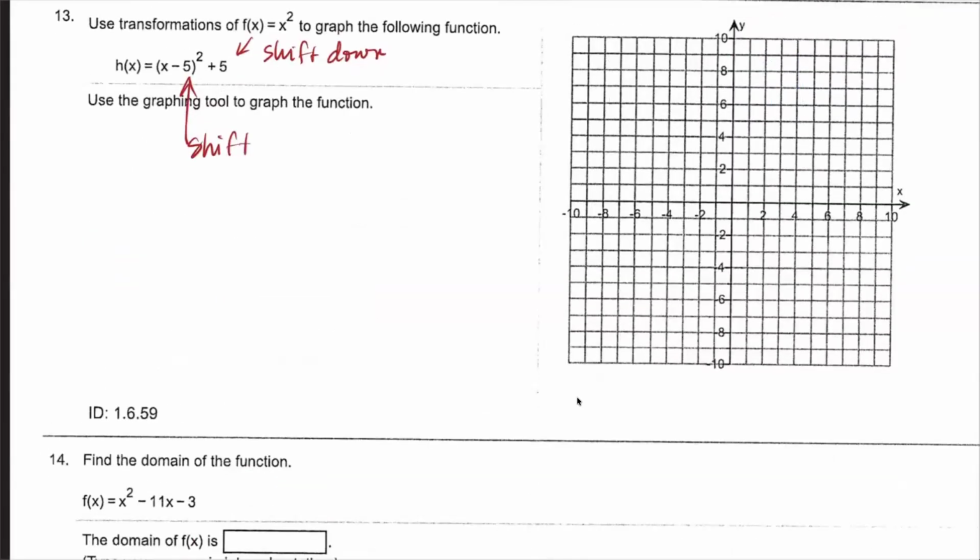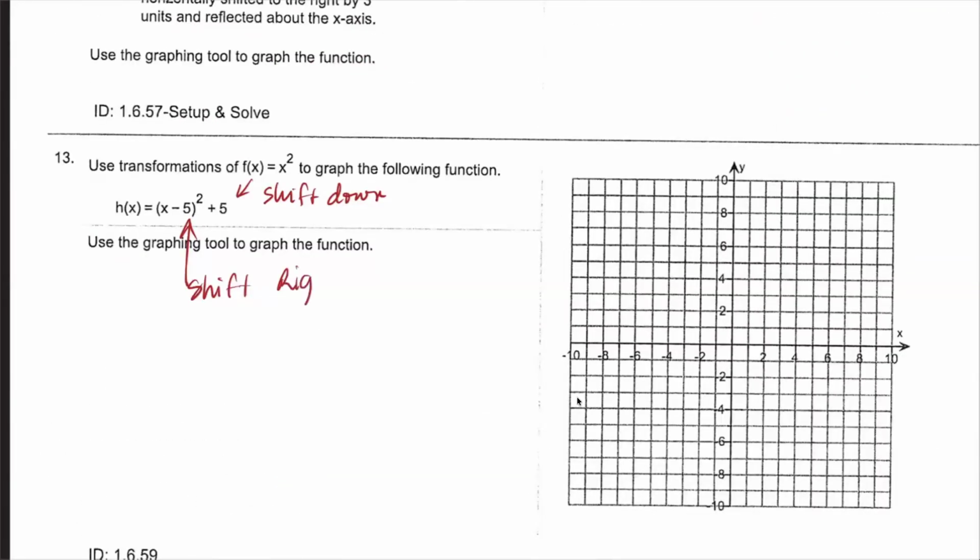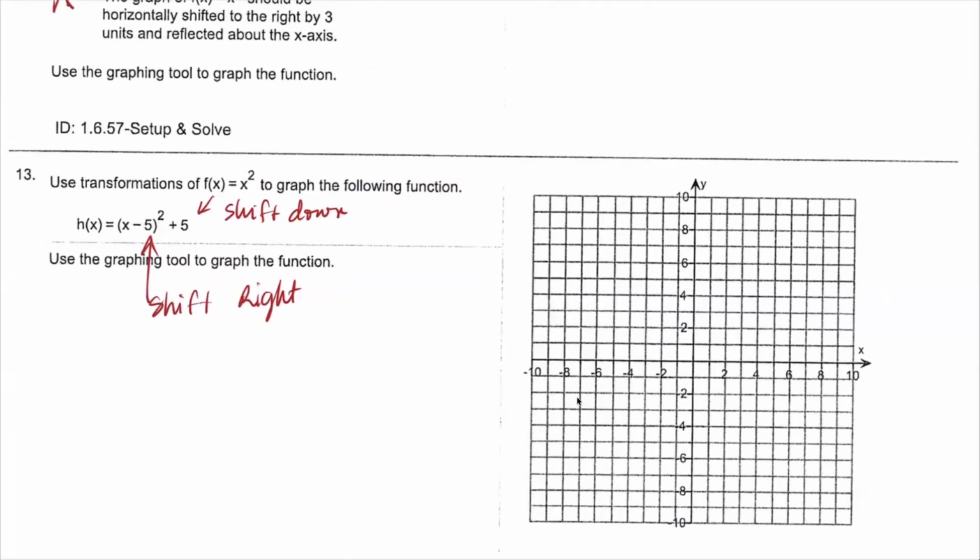Yeah. Okay. My brain. You're right. Don't do as I do, do as I say. Yeah, it is a right shift. All right, and then shift down. So we've got the original parabola. And let's see, this one shifts right. How many spaces? 5 spaces right and 5 spaces up.